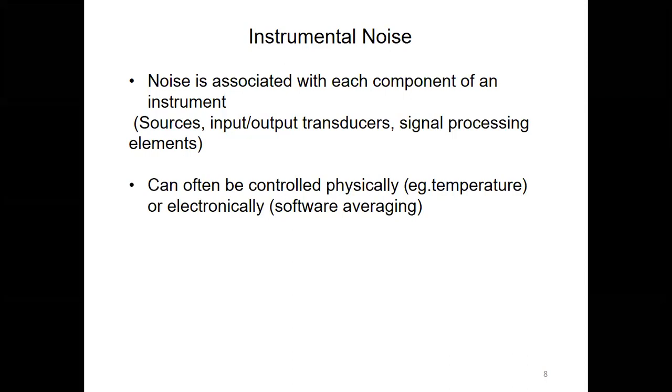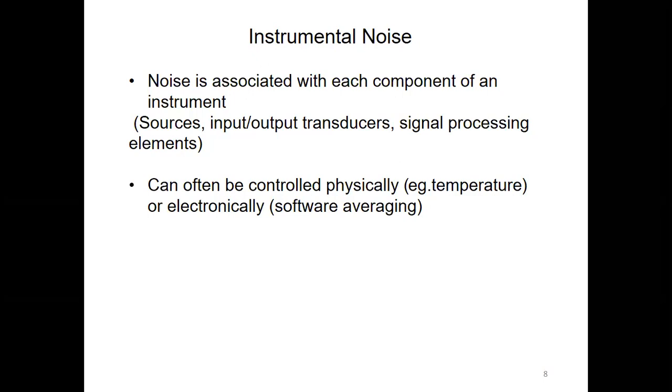When we talk about the instrumental noise, in contrast to chemical noise, we can control it. It can be done either in a physical way or an electronic way. For example, we can check if the temperature is increasing in certain parts of the instrument, and we can minimize the temperature. That is one way to control the instrumental noise physically.